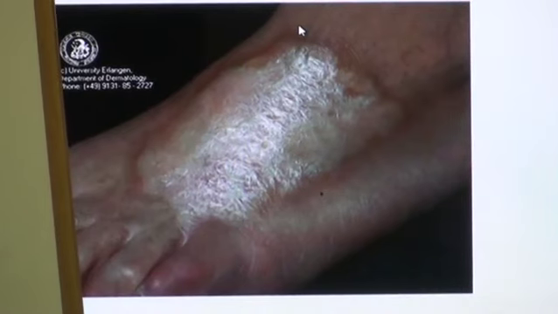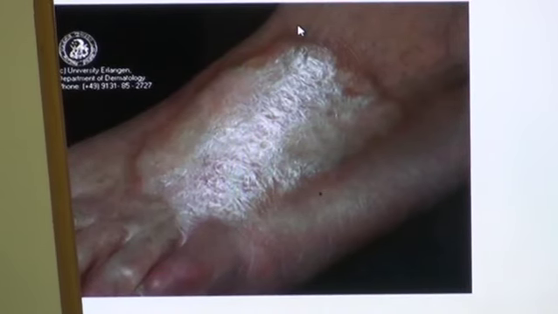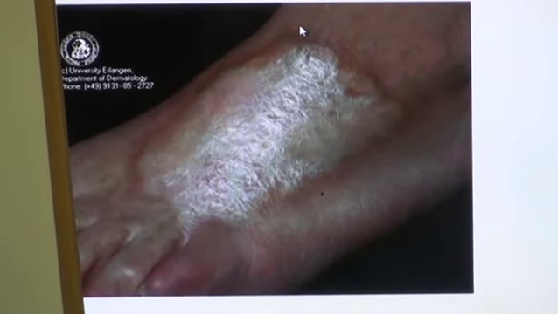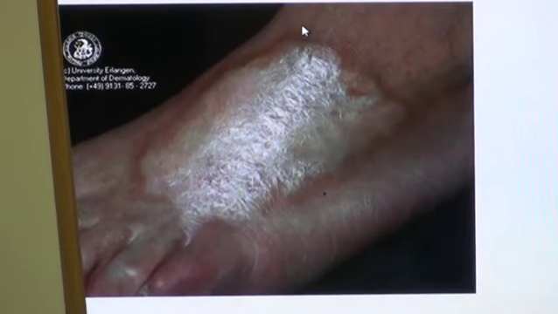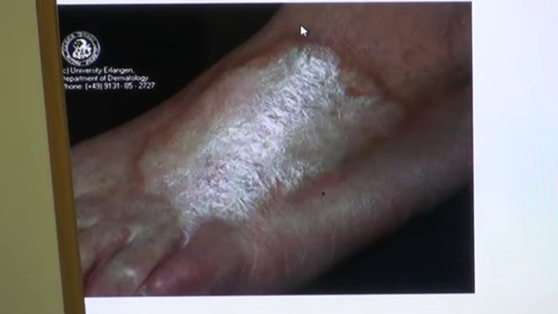Now, once you get good at it, it'll be easy to tell the difference. But they're both atrophic in nature, okay? Whereas lichen sclerosis atrophicus can give you squamous cell carcinomas. It doesn't occur too often. The Morpheas do not.